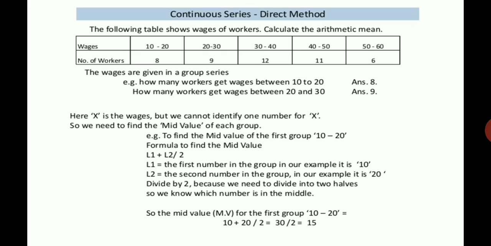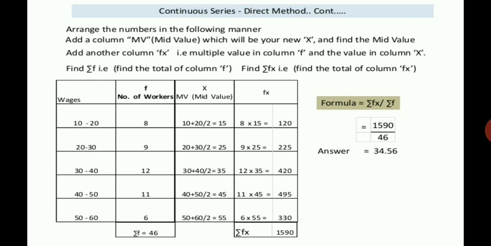It is a rounded value, then it is multiplied by the frequency that has been given in the other slide, where 15 into 8, that is 120, becomes fx. Fx is totaled together. Here in the example, that is 1590, and it is divided by 46, that is the total of the frequency, and the answer is 34.56.